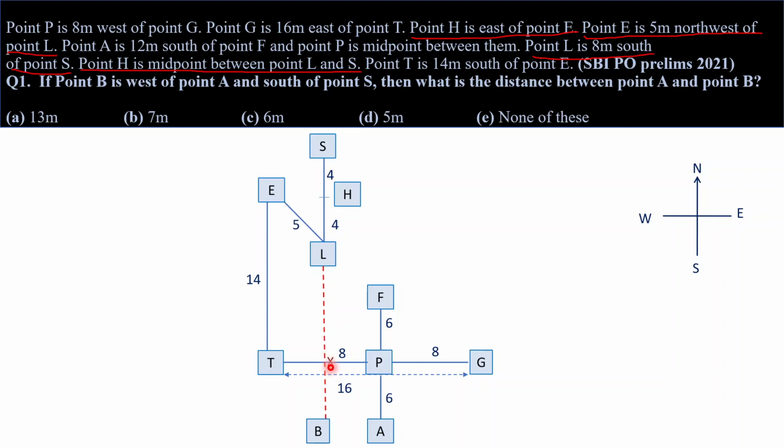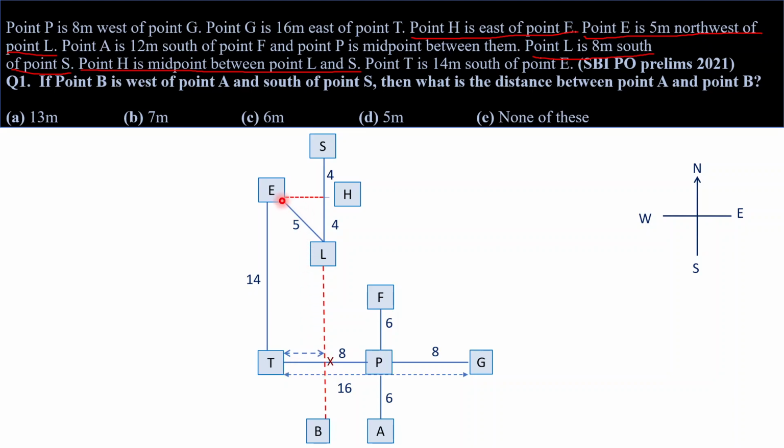And how are we going to find this? Total distance, that is TP minus TX, will be equal to XP, and the distance between XP will be same as the distance between AB. So first we have to find out this distance, and as you can see here, the distance between TX is same as the distance between E and H. So we are going to calculate the distance between EH, and this is how we'll get our distance, that is TX.